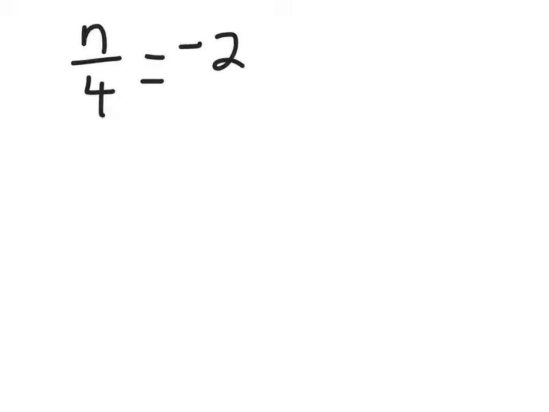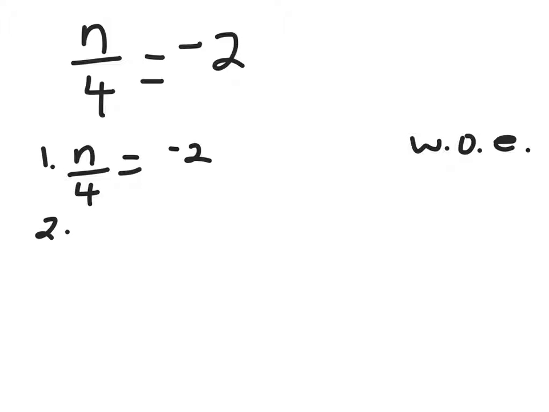So let's try n divided by 4 equals negative 2. Take a minute, see if you can figure this out on your own. So the first thing we do is we write the original equation, which was this one, on our answer sheet. It's n over 4 equals negative 2.